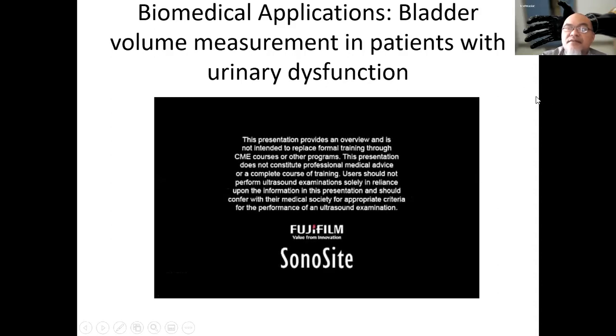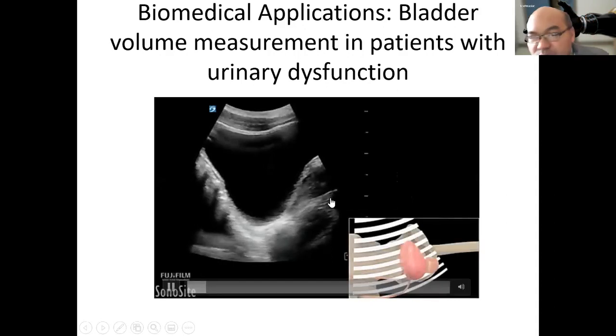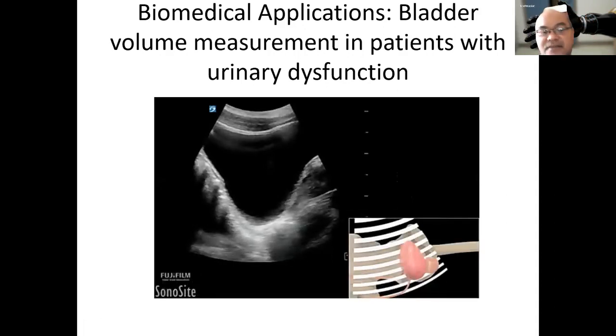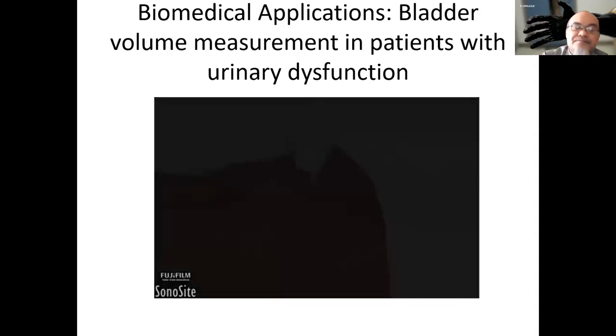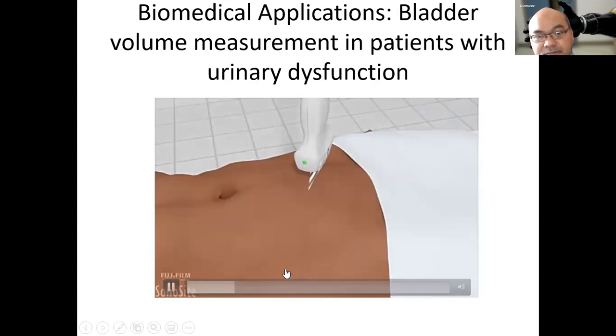Okay, so this is an example of how the bladder volume is usually measured. A curved or phased array transducer with an abdomen exam type is used to perform a transabdominal examination of bladder volume. The patient is placed in a supine position. It is helpful for the patient to have a sufficiently full bladder to identify each wall of the bladder.